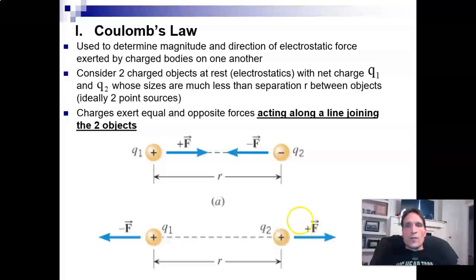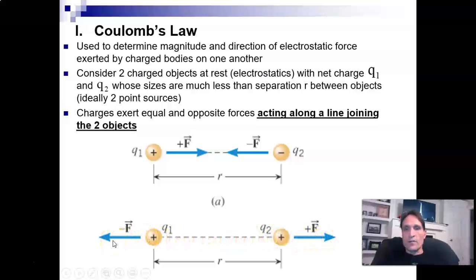And so we know the directions of the forces. Opposites attract, like charges repel, and always the force between two charges will act along the line between the two charges. Attraction meaning toward one another, repulsion meaning away, but the force will always lie along this line connecting the two charges, or the two charged objects.